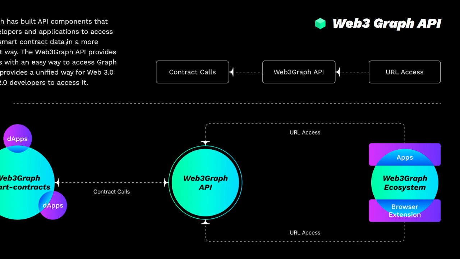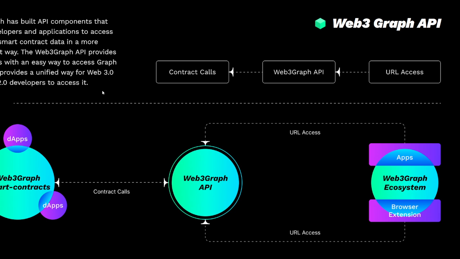Smart contract data really is one of the main reasons you haven't figured out the best way to invest in crypto. So the Web3 Graph API provides developers with an easy way to access graph data and provides a unified way for Web 3.0 and Web 2.0 developers to access it.